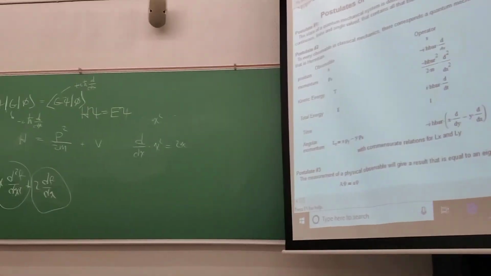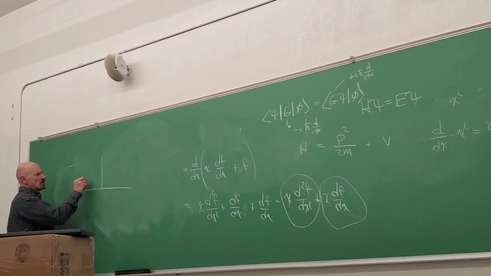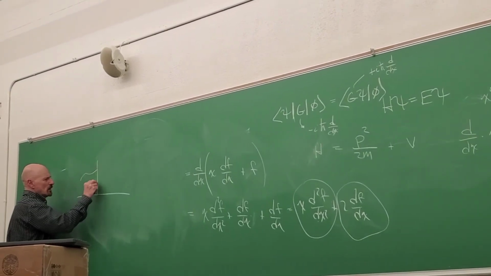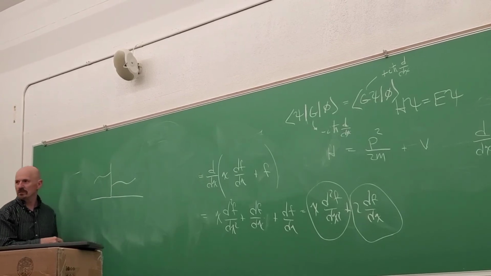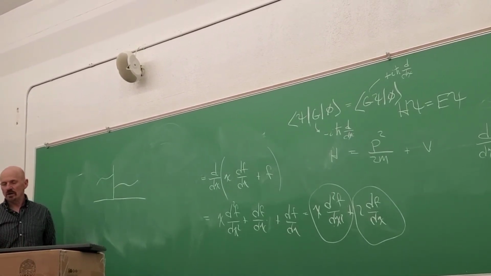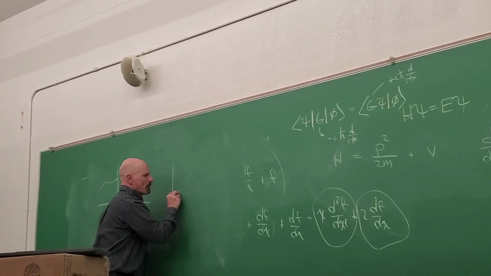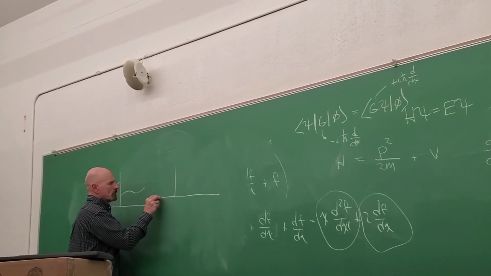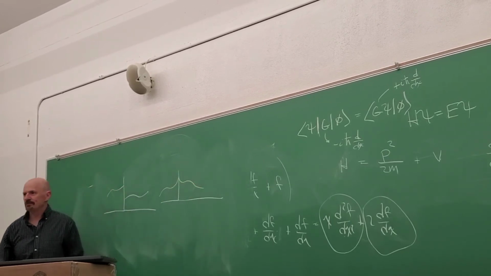Here's an example of a discontinuous function. So when it goes to this side, it only appears here. That's a discontinuity. This is also a discontinuity. You have a cusp. That's a discontinuity.